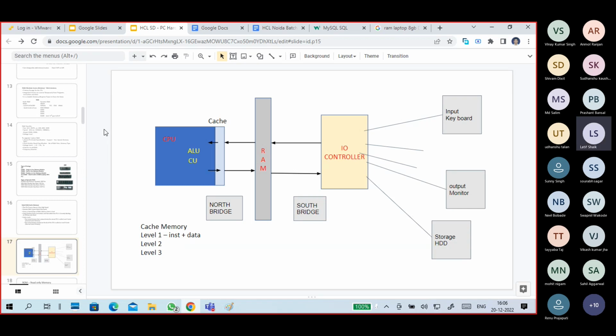The IO controller understands where the keyboard is, what its memory addressing is, and what your instruction is, so it loads, understands, and then gives it to your RAM. So RAM to your CPU, CPU to your RAM. In between this, we have a cache memory which is built inside your CPU only.